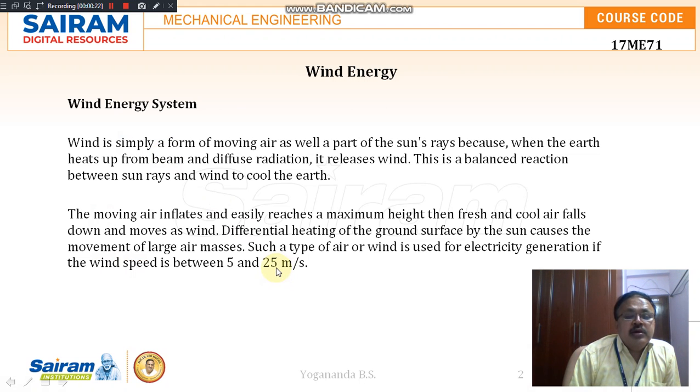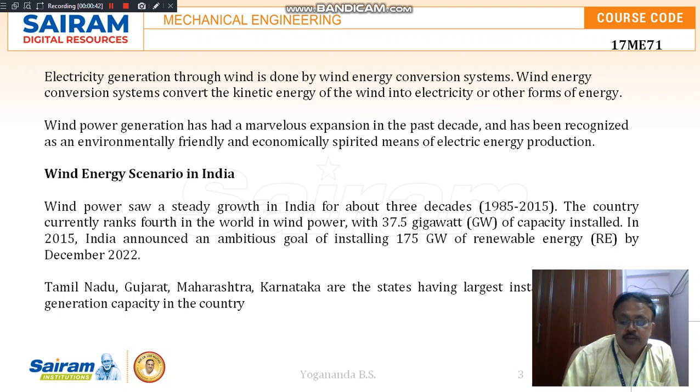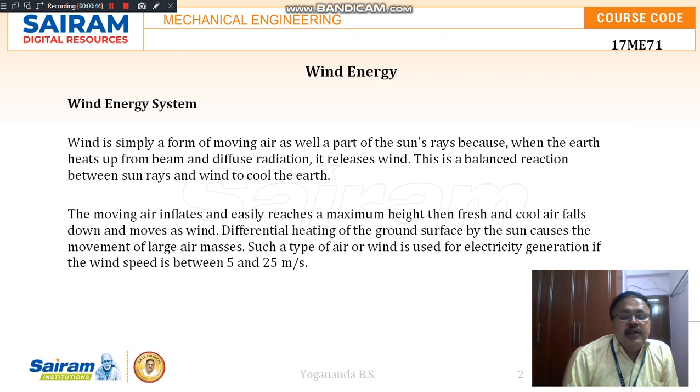So, what is wind? Wind is simply a form of moving air, as well as a part of sun rays, because the earth gets heated up from the beam and diffuse radiation of the sun. We already discussed under solar energy what is beam and diffuse radiation.